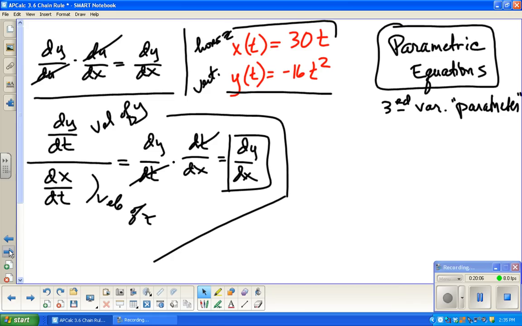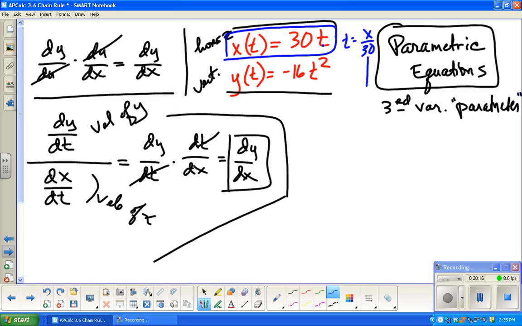Well, I could take this equation, solve it for t, so like t equals x over 30, put that in for t here, and I could do y of x, y as a function of x, is negative 16 times x over 30 squared. And then I could just do the derivative. That's one approach, and it's a good approach.